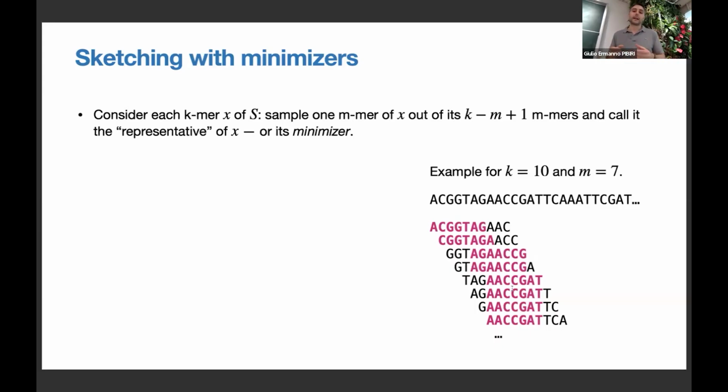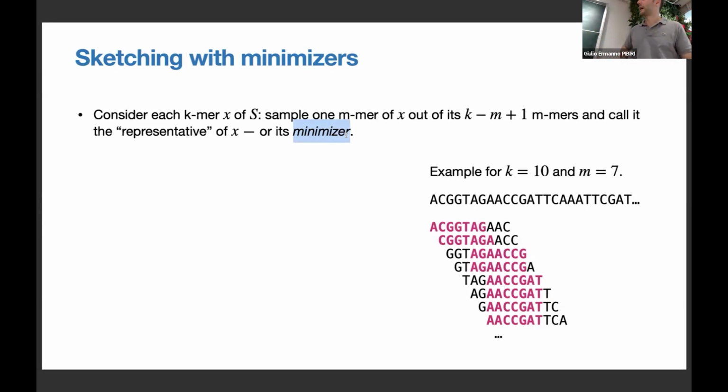Something like I extract this m-mer and I say that this m-mer synthesizes all the information in my k-mer. So it's a representative of the k-mer. And this representative goes under the name minimizer. So the minimizer is a specific m-mer inside my k-mer.